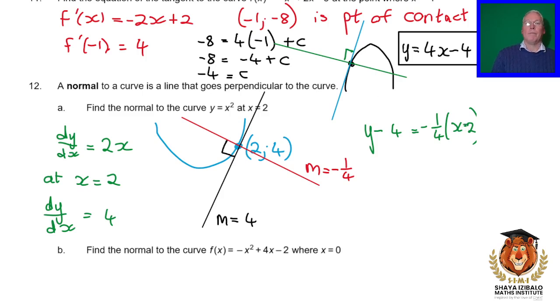If we simplify this, we get negative a quarter of x, plus 2 quarters, which is plus a half. And then we're going to add 4, so it's actually going to be plus 4 and a half. 4 and a half is 9 over 2. Okay, there's our final answer. That's the equation of this normal.